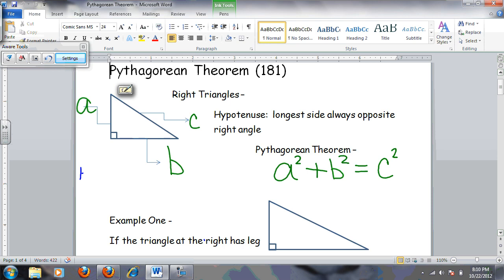Recall, squaring a number is taking like A times A plus B times B will equal C times C.